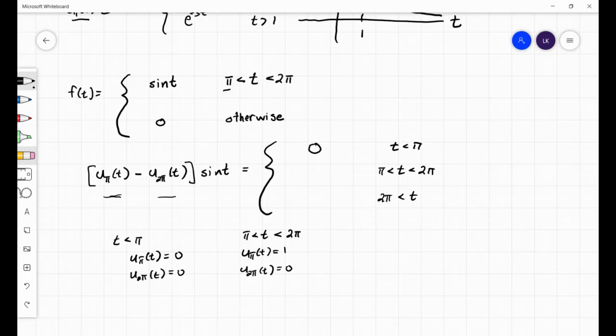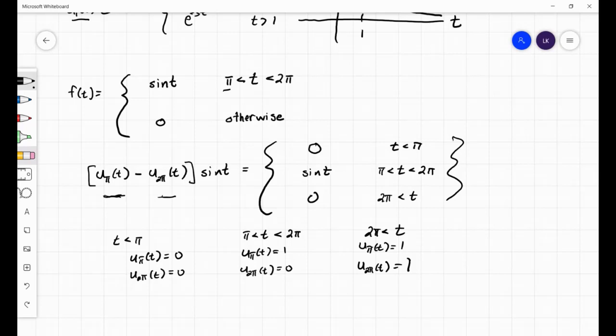So you get 1 minus 0 times sine. And for times after 2 pi, both step functions are now turned on, so to speak. They're both equal to 1. The first step function minus the second is 1 minus 1, so 0, and then times sine is 0. The idea is that we have this piecewise function, and we can express it as a single expression using step functions.